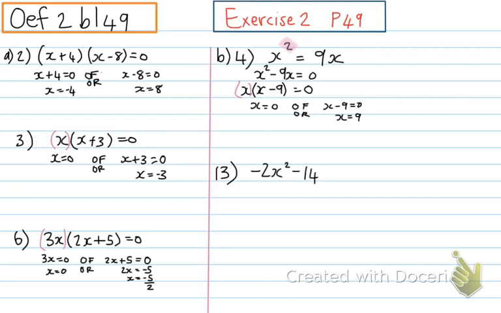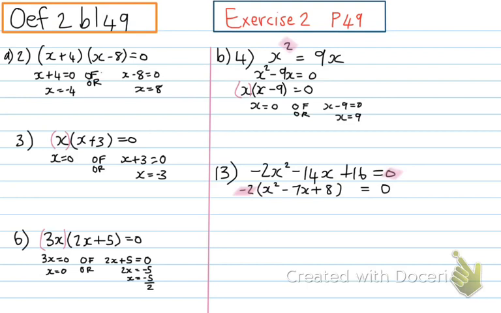Negative 2x² - 14x + 16 = 0. Okay, first I'm going to take out a common factor of negative 2 here. And then I have x² - 7x + 8 = 0. Now, that negative 2 in front, I can get rid of that by dividing with negative 2 on the other side.